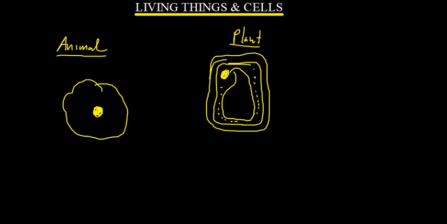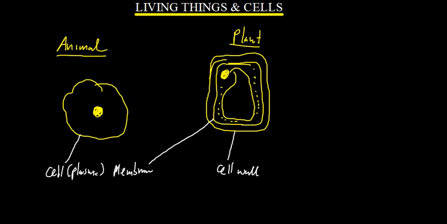For an animal cell, the outermost part that you can see here is known as the cell membrane, also known as the plasma membrane. An animal cell doesn't have a cell wall. The outermost part of a plant cell is a cell wall. If you go inside, this is where you are going to find the cell membrane for a plant cell. It's much inside. And then you have got this space, known as the cytoplasm.